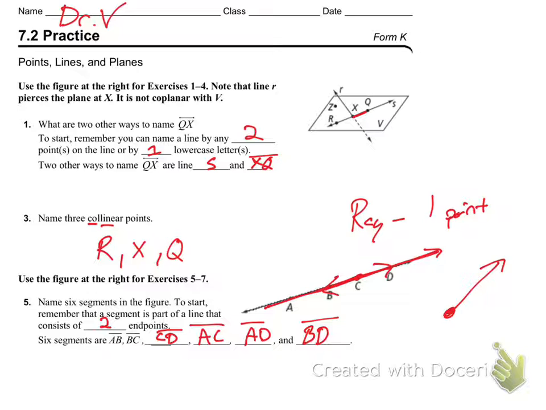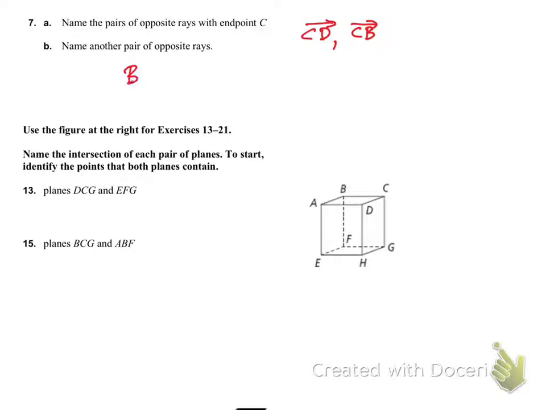It doesn't have to be the same size, but if I just did B here as my starting point, I could do, let's say, BD and BA. And those are just two rays going in opposite directions.